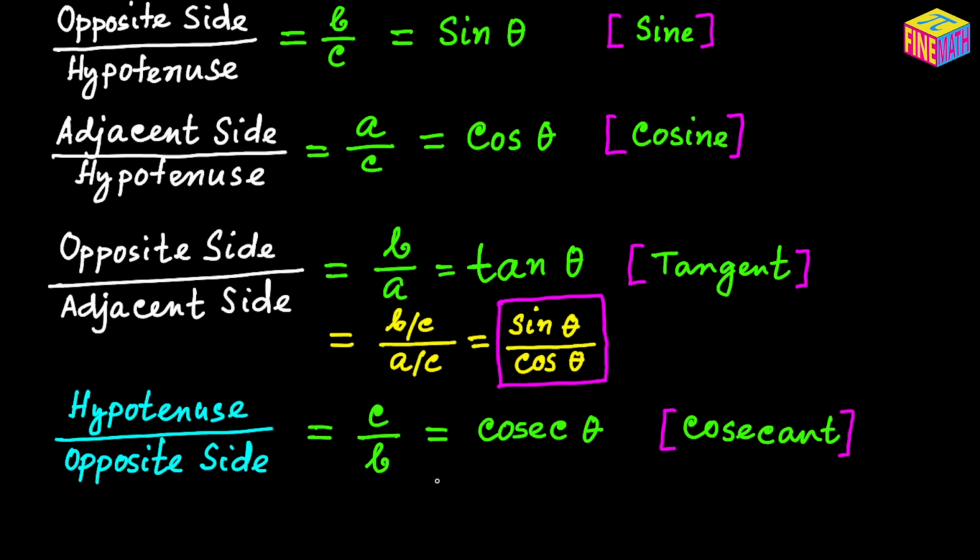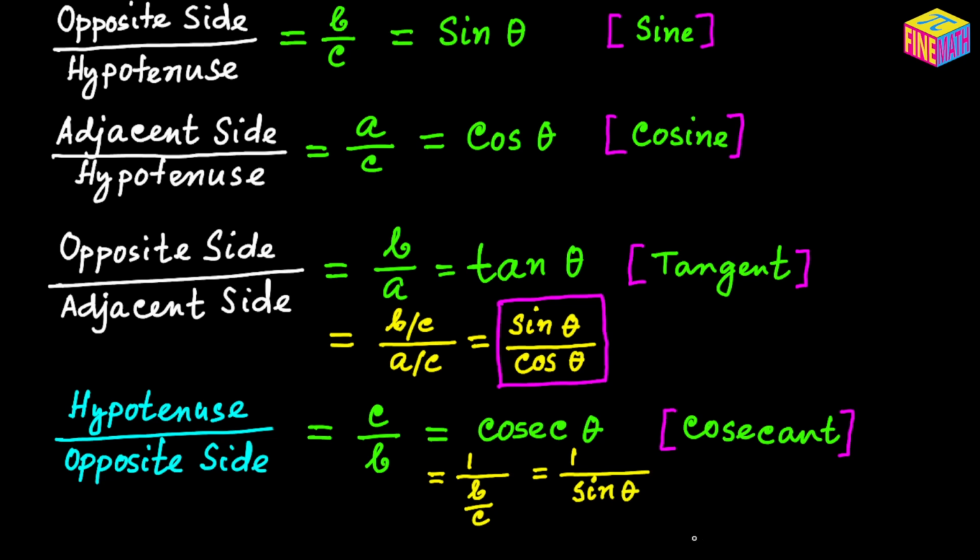This C by B, I'm going to write as 1 over B by C. Can I bring the C down below right here? So this will be 1 over B by C. B by C is nothing but sine theta. So cosec theta is nothing but 1 divided by sine theta.